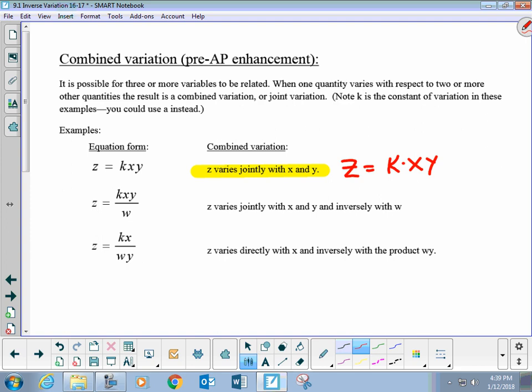The next one says z varies jointly with x and y and inversely with w. And I have my constant of variation.